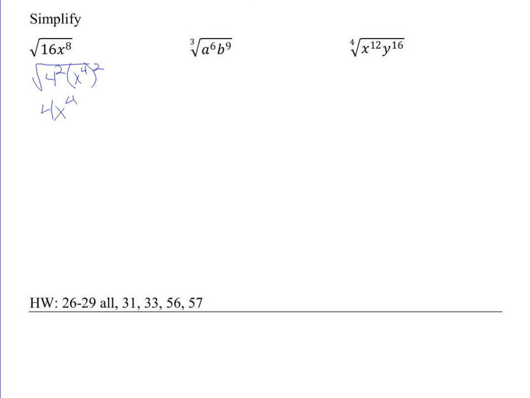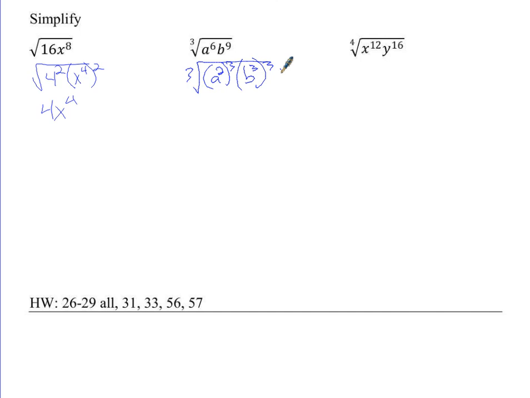Okay, so this time, what do we need? Yeah, we have an index of 3 here, so that means I'm trying to turn everything into a third power. So a to the 6th, written as a third power, would be what? Good. A squared to the 3rd. And the next one? To the 3rd.